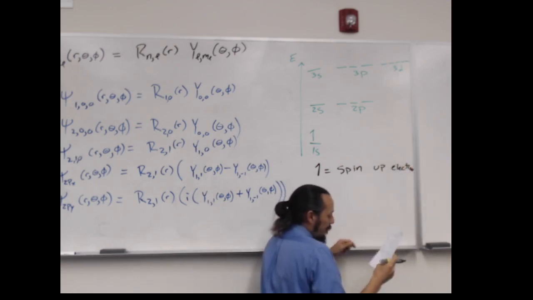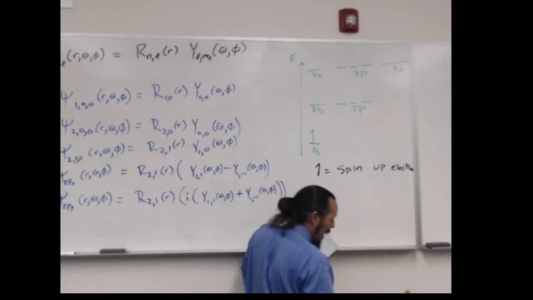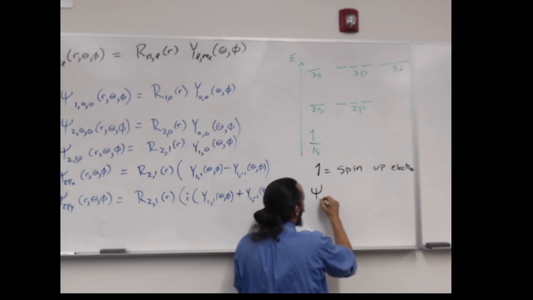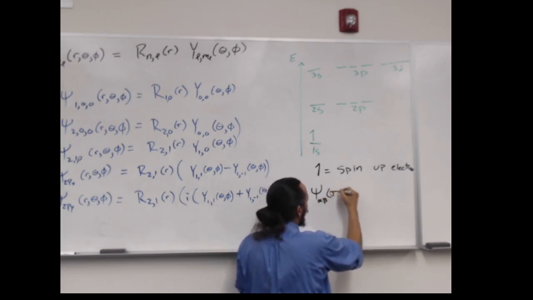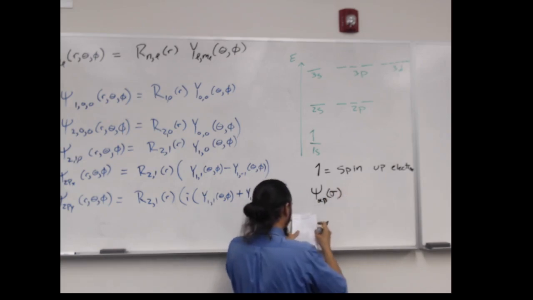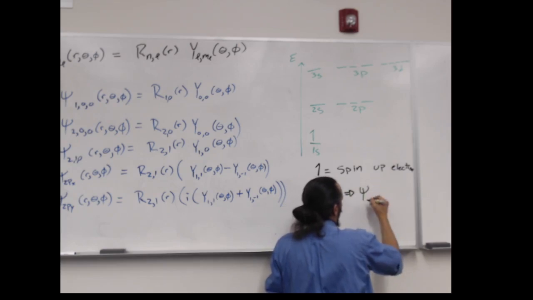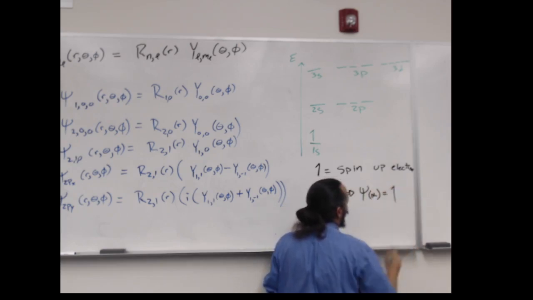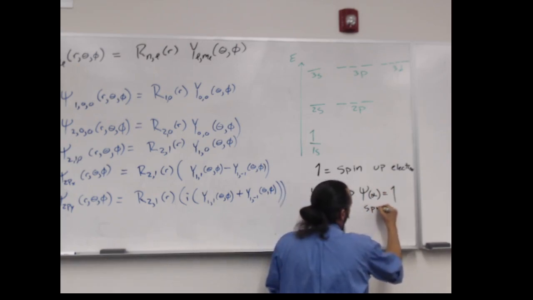That represents a spin-up electron, and we have to have some sort of function associated with that. So there's a wave function associated with this, which is really difficult to talk about. Right?